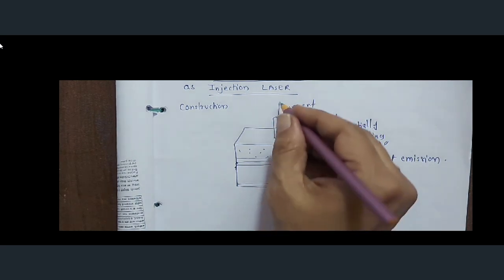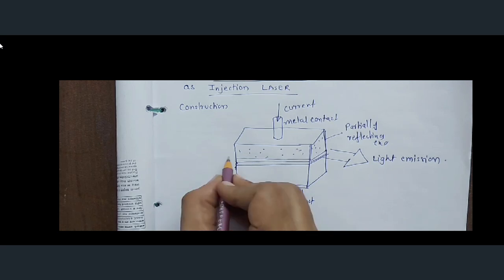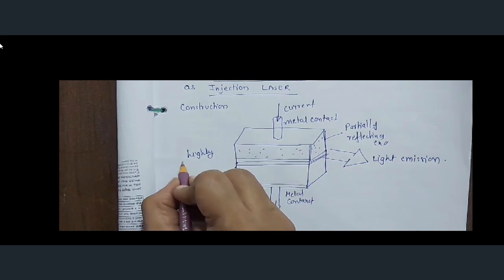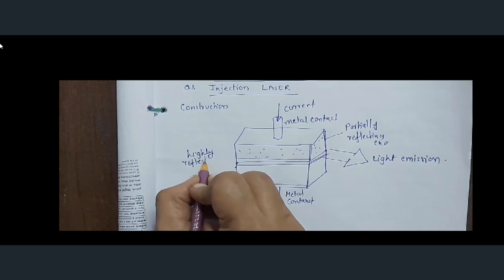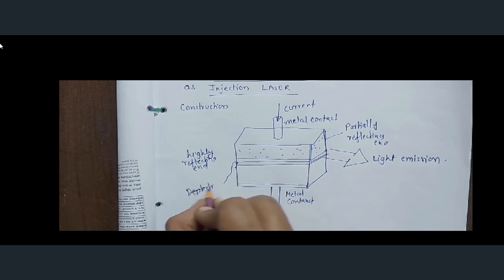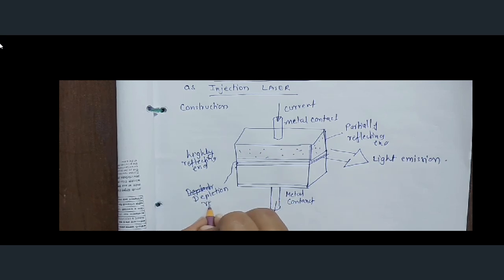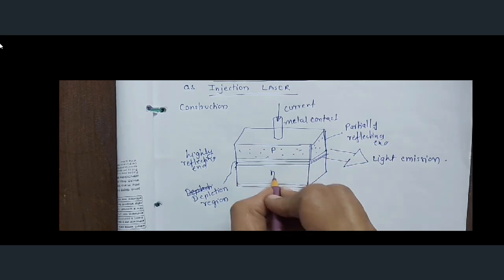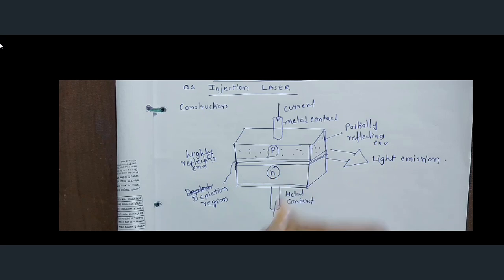It is coming inside. This face is highly reflecting, and this is the depletion region. This is P type and this is N type.